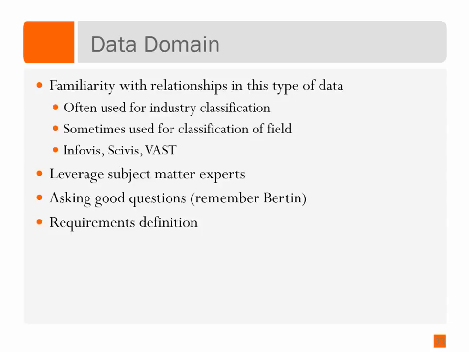Now, sometimes the data domain is used for a classification of different fields. So we have different fields in academia, different fields of thought, different fields in industry classifications. And a good example of that in data visualizations, we have 3 unique fields within it.